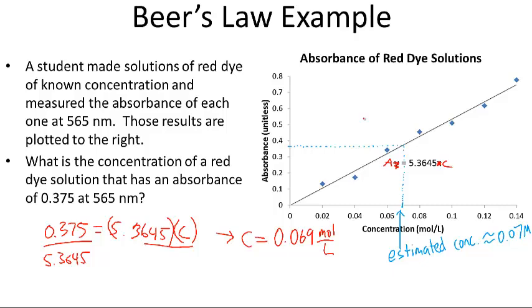But in theory, those values of little a are constants for a given compound at a given wavelength. So you could probably look them up. You might have to dig.